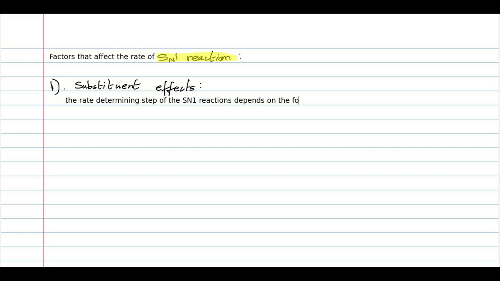depends on the formation of carbocation.